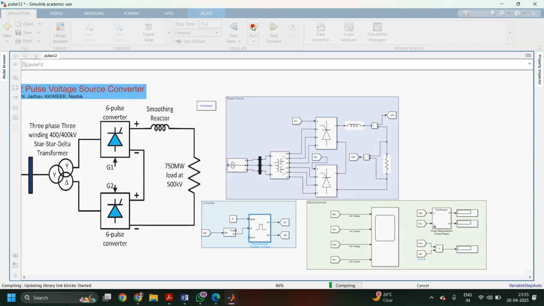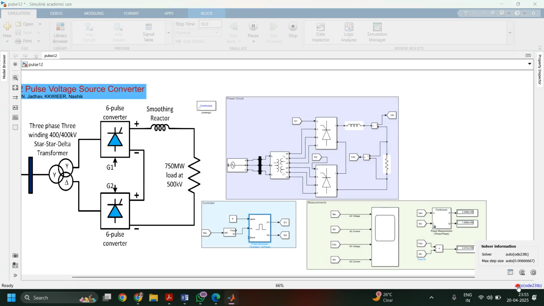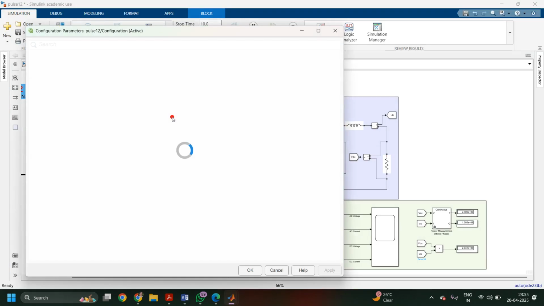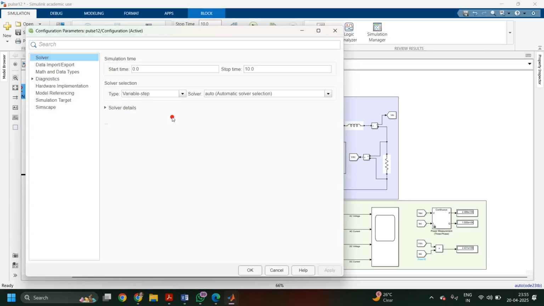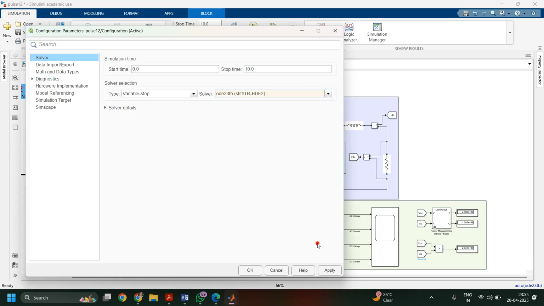So let me change something. I want to change the timing. So let me first run it. The simulation stop time I have to change. Stop the simulation. Okay, in the solver, change this solver to ode23tb (stiff).